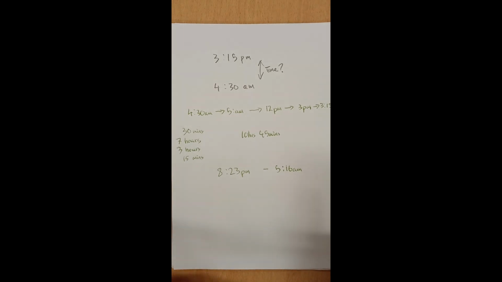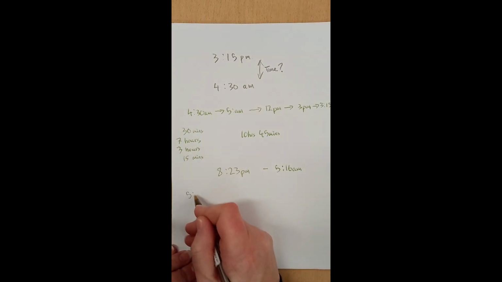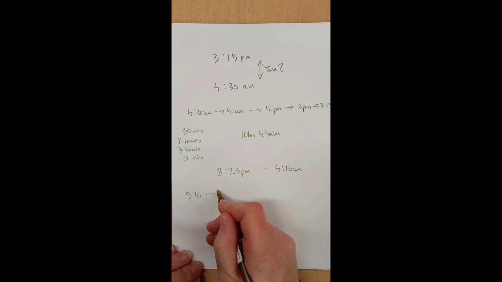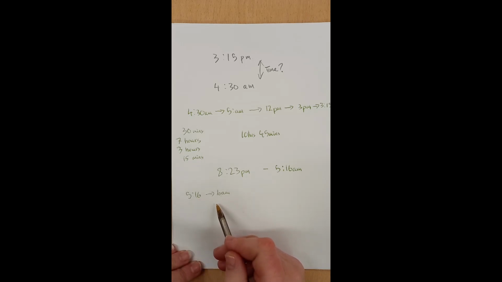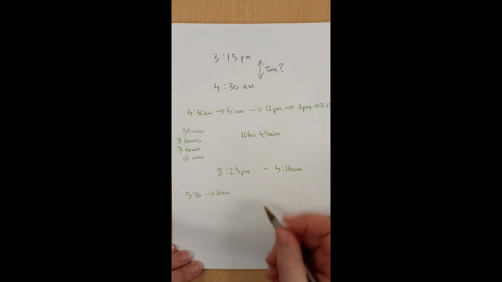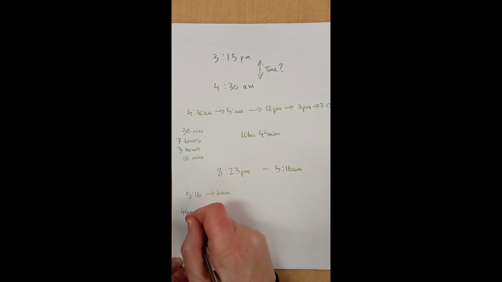The first thing I'm going to do is start at 5:16 and get it to 6 a.m. So how many minutes to go from 16 past up to 6 a.m.? Remember, 60 is the maximum number of minutes in an hour. So how many to go from 16 up to 60? Okay, that's 44. So I'm going to put 44 down here in minutes.